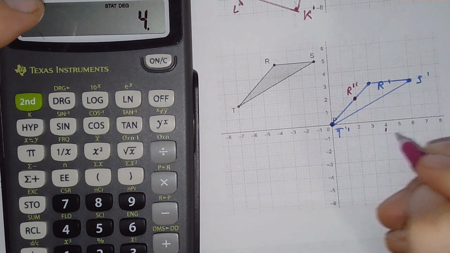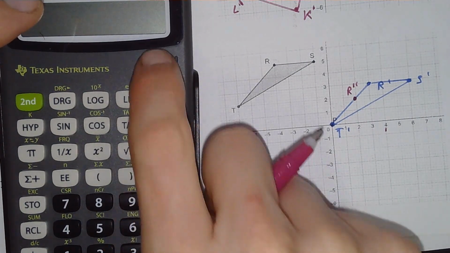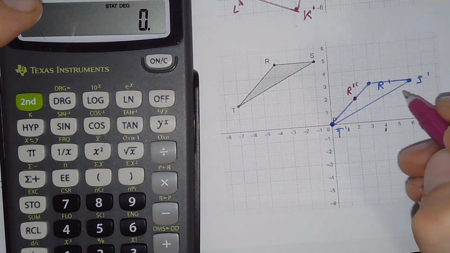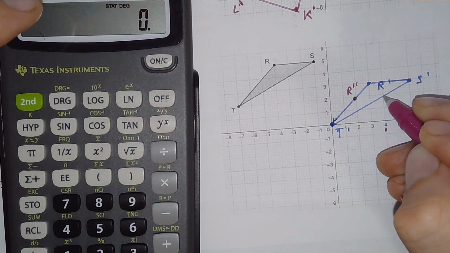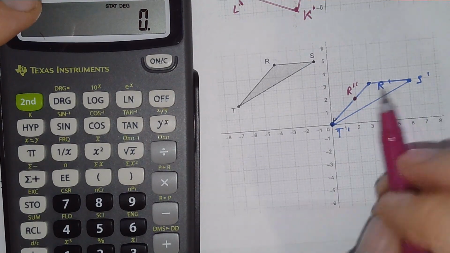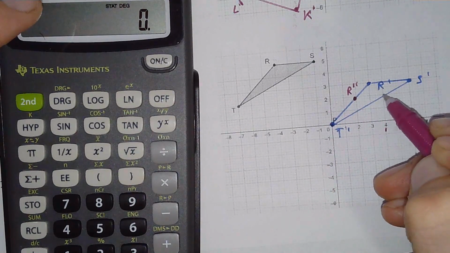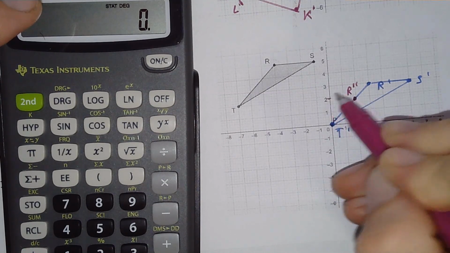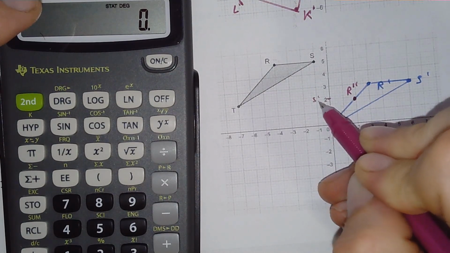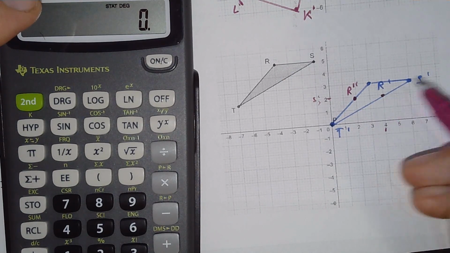That's going to be my new x value. And then 2/3 times 3 is 2. So this is going to be my S y value. So it's right here.